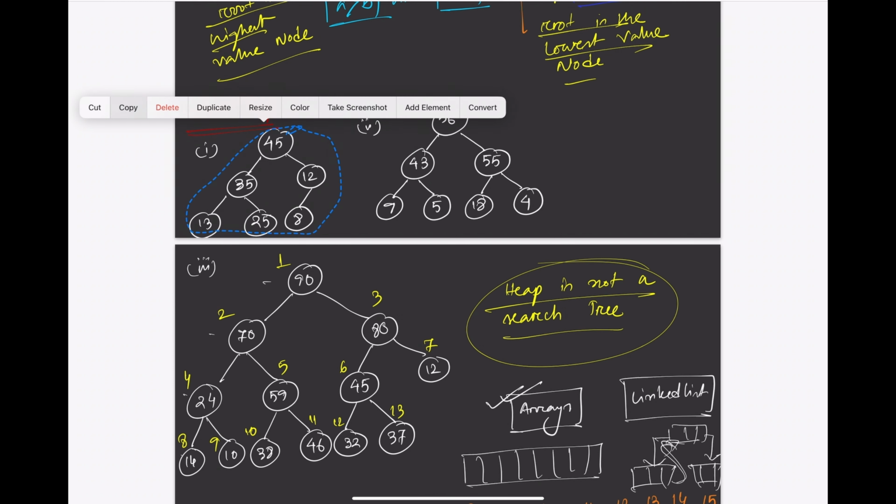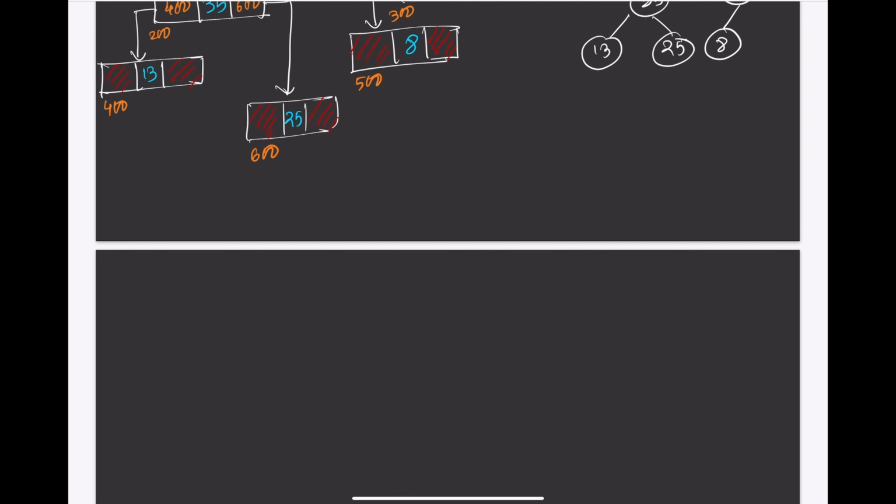And by the way, another thing, the heap data structure is mostly implemented in three mostly used parts. First one is selection sort. Another one is implementation of priority queue.